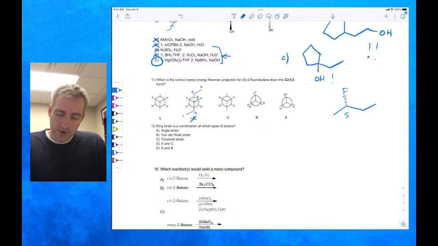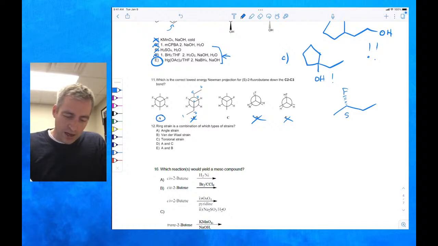So right away we can get rid of D and E. The lowest energy conformation for linear non-cyclic compounds is always a staggered one. So it's between A and C. It's not going to be those eclipsed D or E ones. So then the question really is, A and C are mirror images of each other. Which one of these is S? And just looking at it, I can see that it's A.